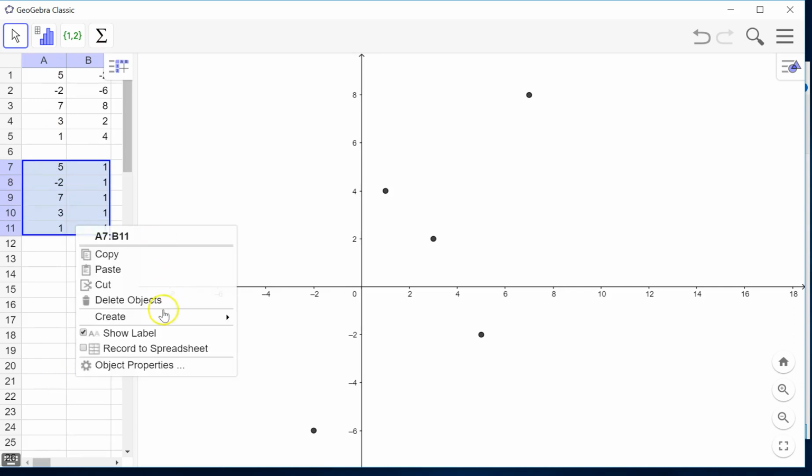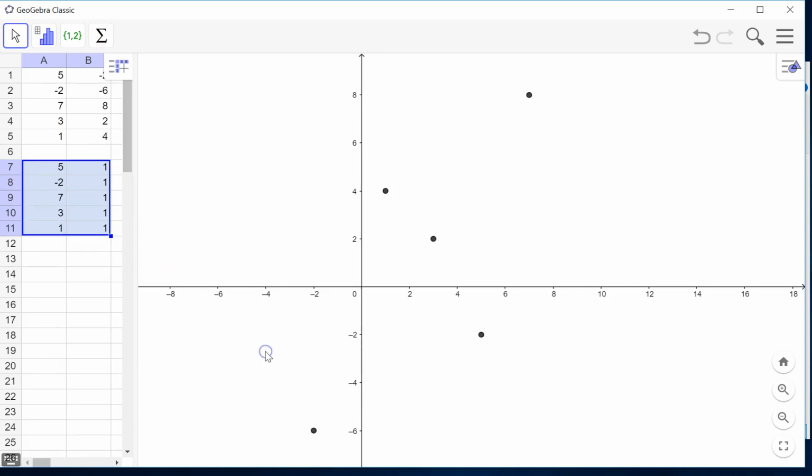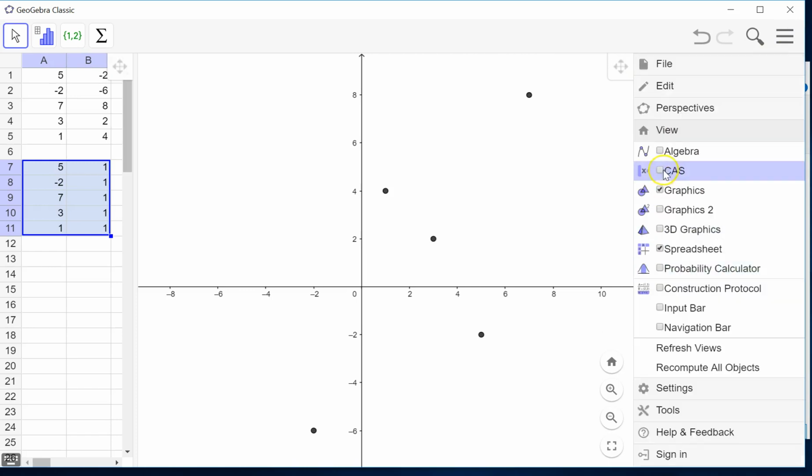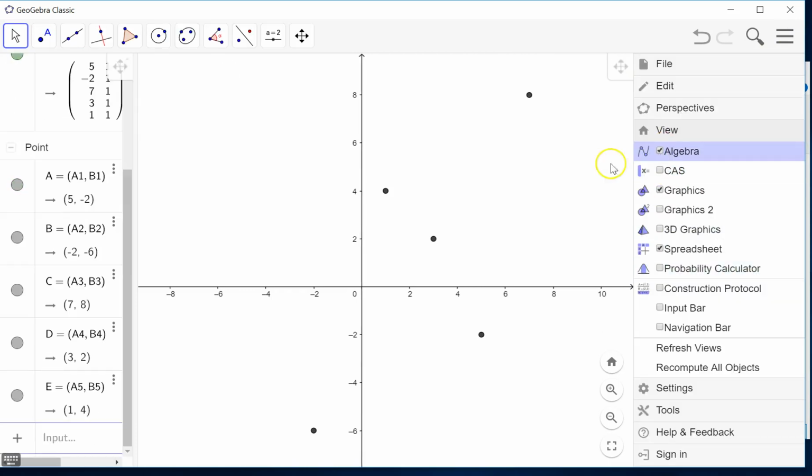We'll go over and create a matrix. Now, of course, I can't see it on here because I don't have the algebra window up. There we go. Now the algebra window's up.